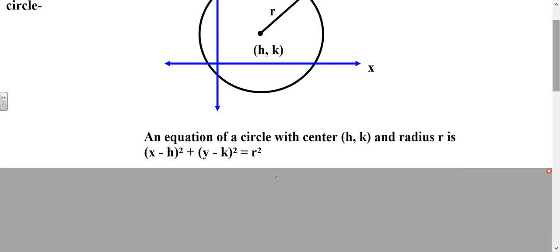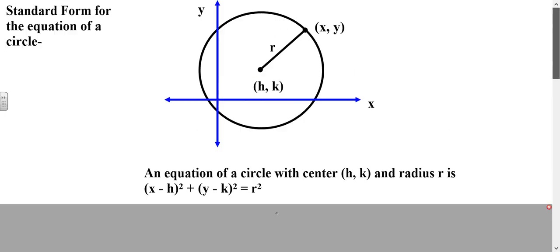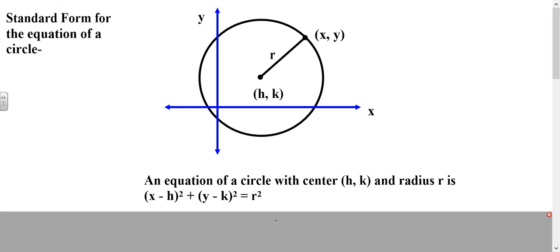It looks very similar to the distance formula or Pythagorean theorem. Those are all very closely related, because if I were to take my pen and turn this into a right triangle, I could figure out the radius of the circle here by using Pythagorean theorem.